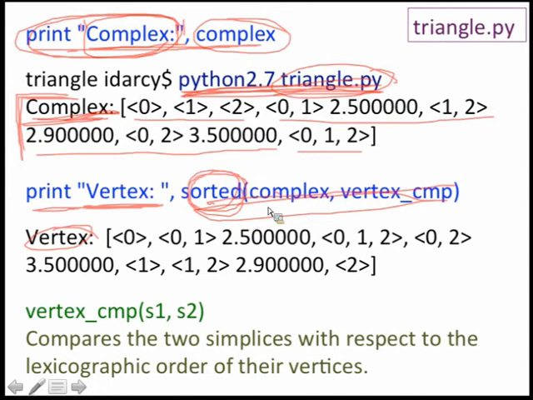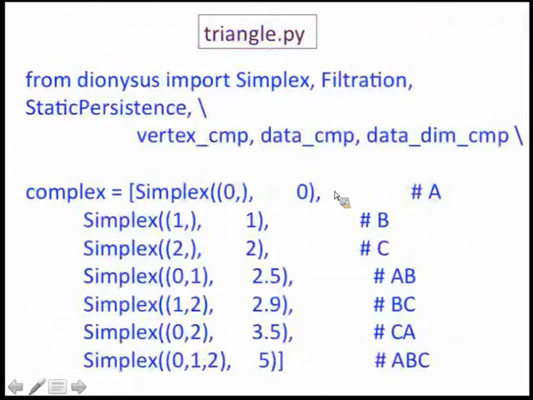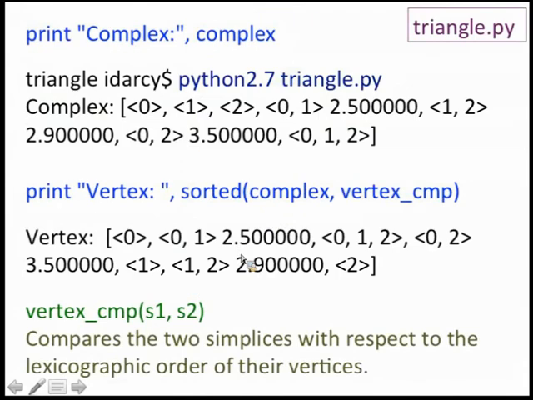We are sorting our complex, the complex that we created right here, this triangle. And how we're sorting it is using vertex_comp, which is how we're sorting for this particular example.